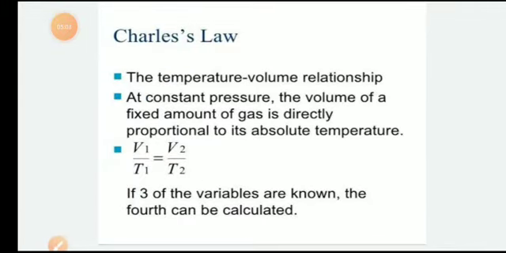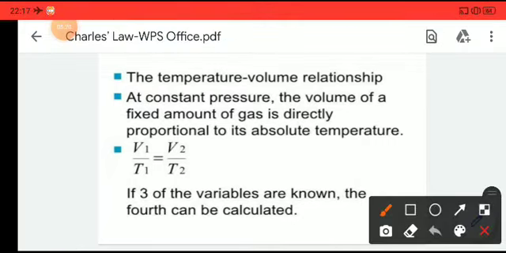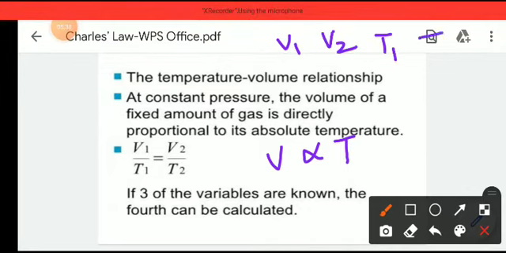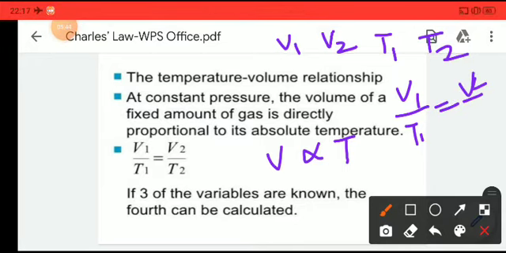Back to Charles Law: at constant pressure, the volume of a fixed amount of gas is directly proportional to its absolute temperature. So the volume V is proportional to T. If we take V1 and V2 as the initial and final volume, and T1 the initial temperature and T2 the final temperature, then we get the equation V1 by T1 is equal to V2 by T2.